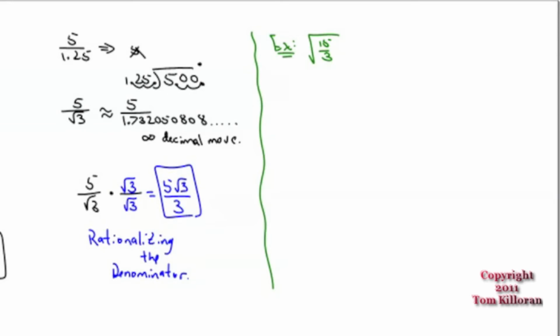I love putting this on a test because I'll have someone split it into square root of 15 over square root of 3 and then multiply top and bottom by square root of 3, go through all that rigmarole, and the simplest idea is divide them. 15 divided by 3 is? 5, square root of 5. Anytime you can simplify a radical expression without going through a bunch of calculations, do it. Simplify first usually works.